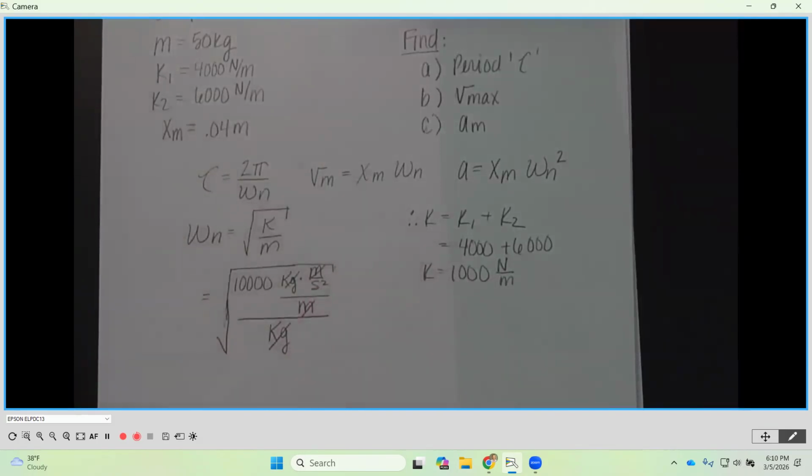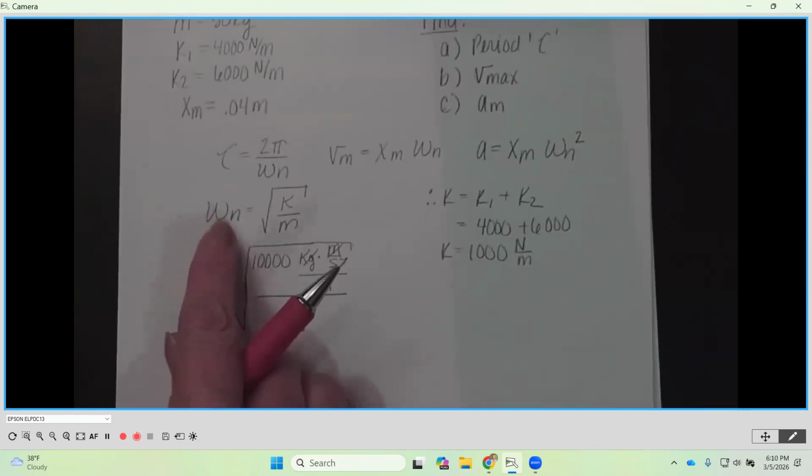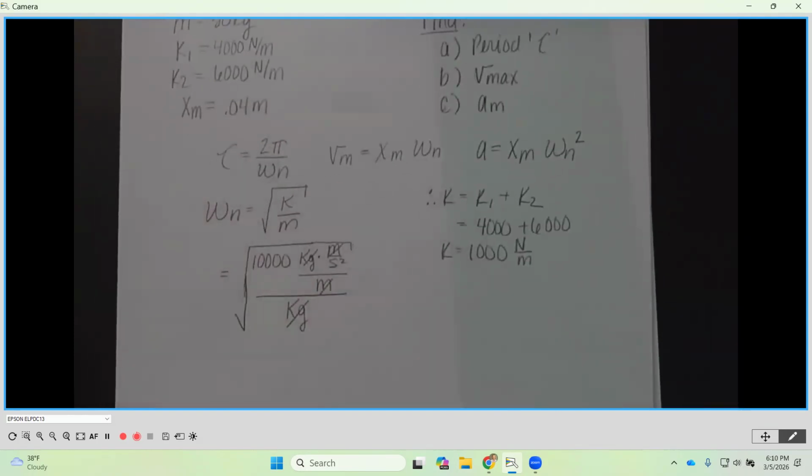So we're left with nothing per second squared that we're going to take the radical of. So it's going to end up with nothing per second. Do you see how that's going to be radians per second in this case? Make sure you write this out. I want you to show that at least once so you understand that the units do come out to be radians per second in the end for our natural circular frequency here.